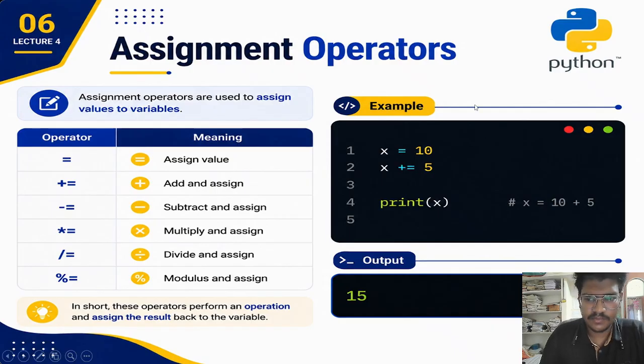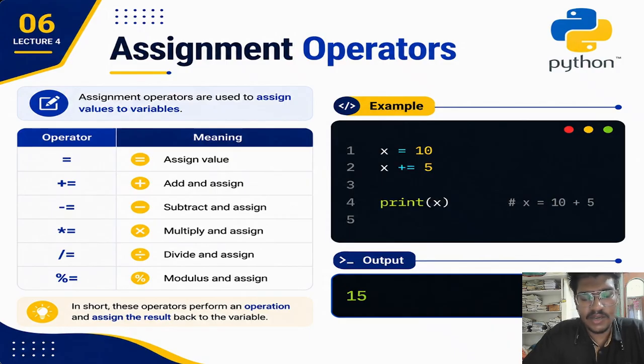This might not seem like a big deal with a simple variable, but consider a scenario where you are adding elements in a loop. Using plus equal to inside a loop is cleaner and more efficient. It reduces the risk of errors and makes our intention clear.